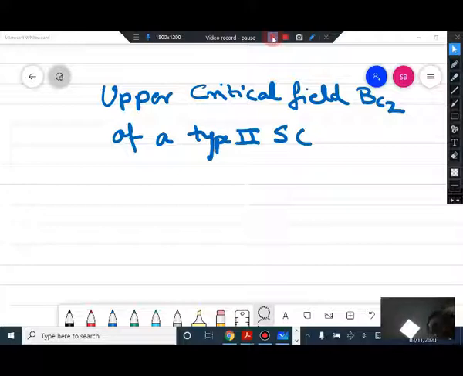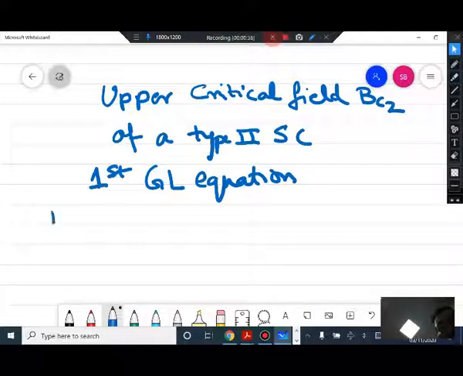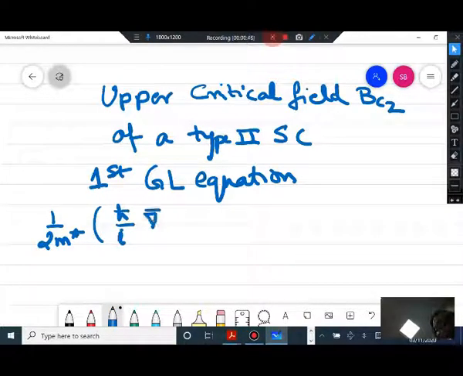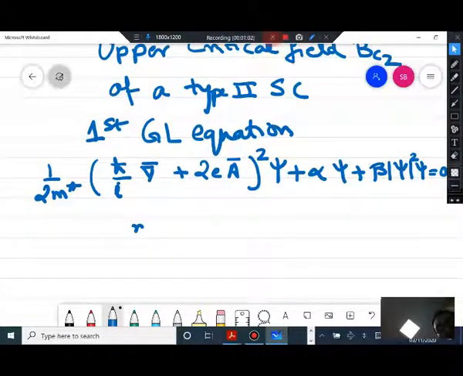And for that we start with the first GL equation, namely 1 by 2m star, h cross by i del plus 2eA, the vector potential, the whole square psi, plus alpha psi plus beta mod of psi square psi is equal to 0, where m star, if you recall, is twice of m.